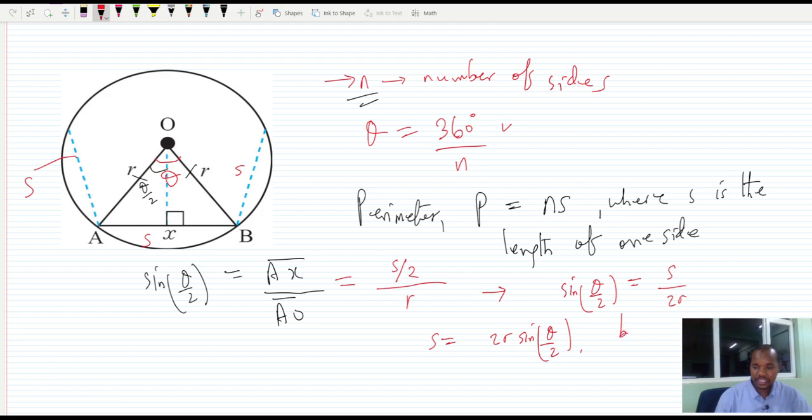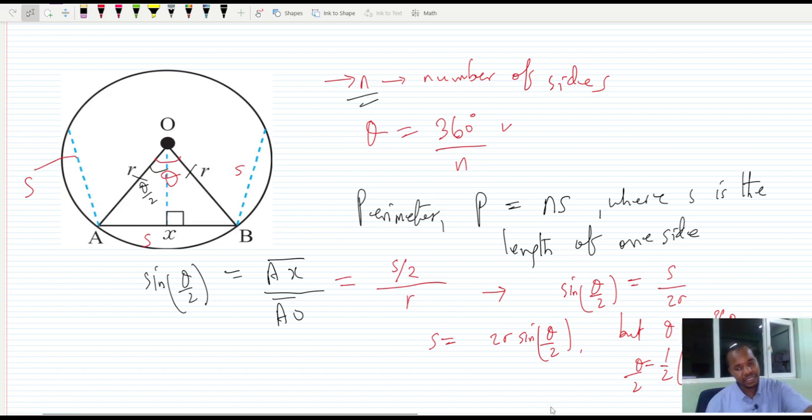But we know that theta equals 360 over n. So theta over 2 will be equal to half of 360 over n, and eventually you have 180 degrees over n, dear colleagues.